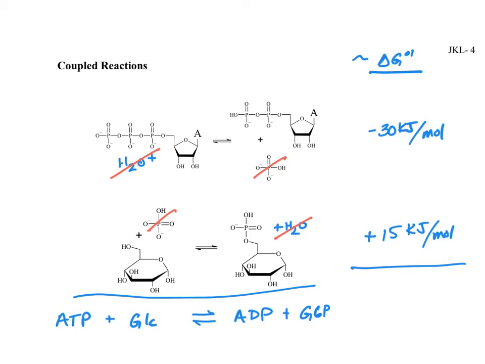Now, that is an actual reaction. It's the first reaction of glycolysis that we're going to learn about in the next chapter, and it really happens this way. What's more important is that we can add up the delta G naught prime values for the half reactions, and we end up with negative 15 kilojoules per mole.